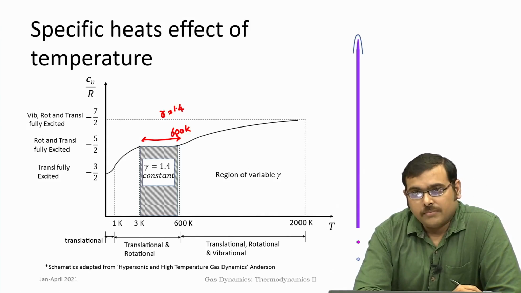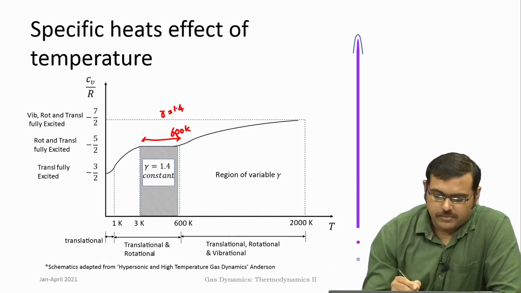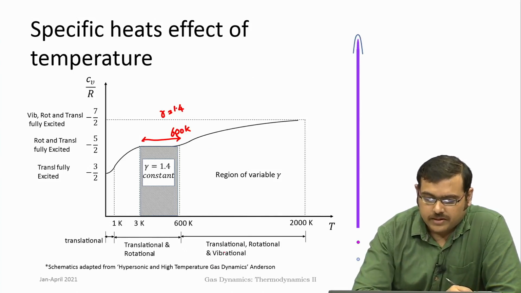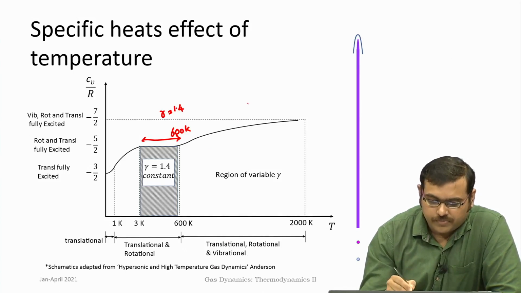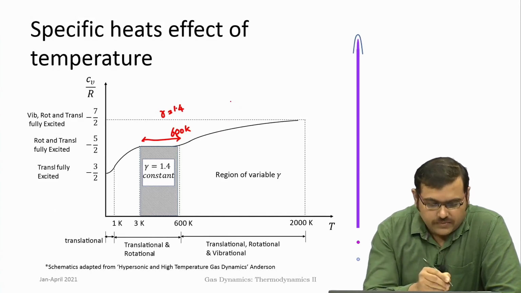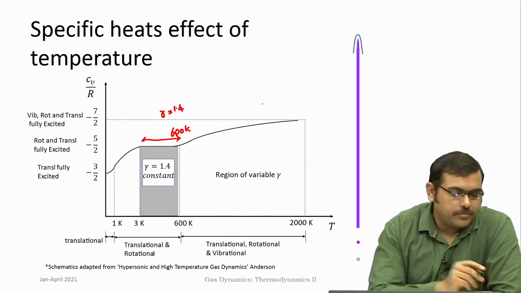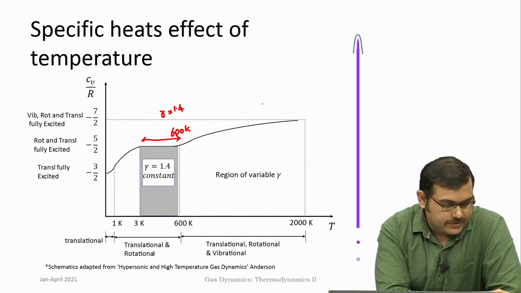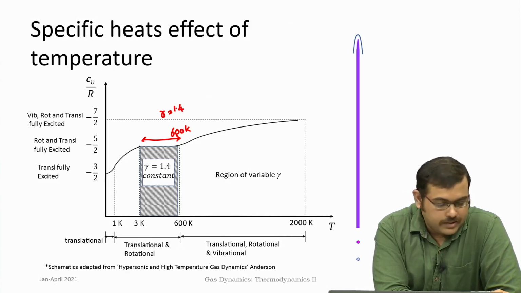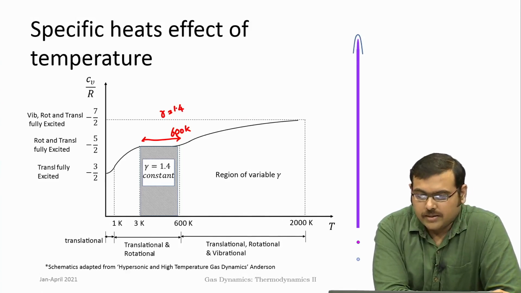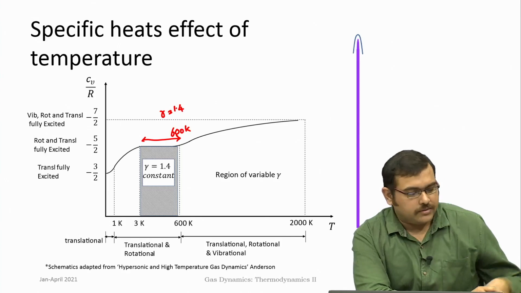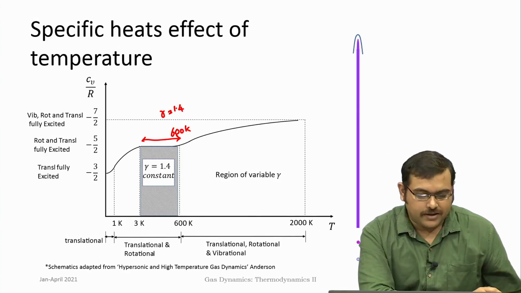But once temperatures start increasing beyond these numbers, then vibrational modes also get excited, and because of that Cp will start changing with temperature. But even though Cp and Cv change with temperature, they still behave as perfect gases. Only when thermal chemical reactions happen at extremely high temperatures beyond this region may they not obey the perfect gas relations.